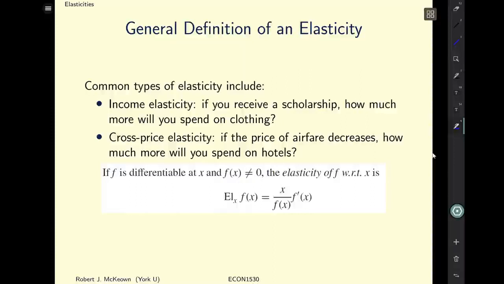And we have a general form. So if we're interested in the price elasticity, then we would have E with a subscript P. So this is a price elasticity of what? Price elasticity of demand, the f of X that goes right here.